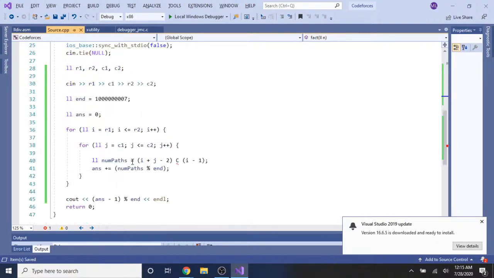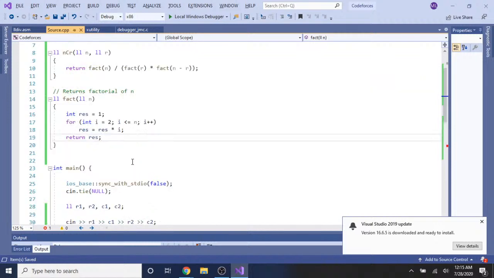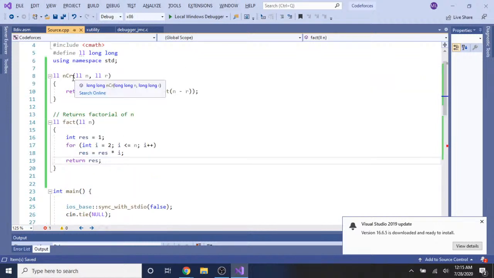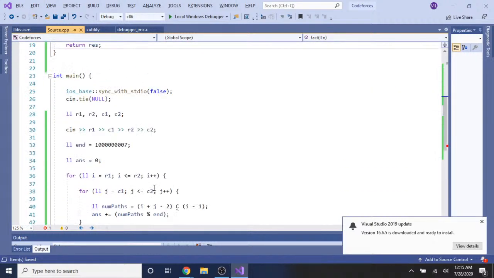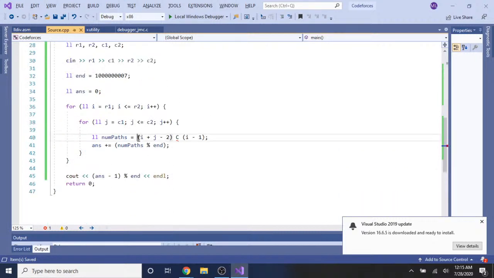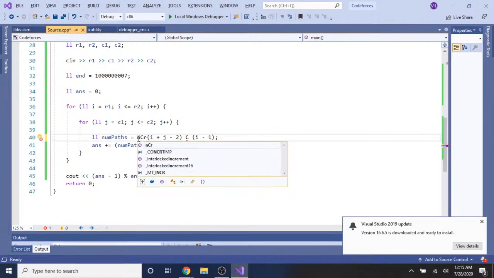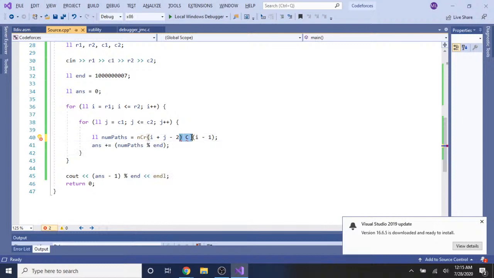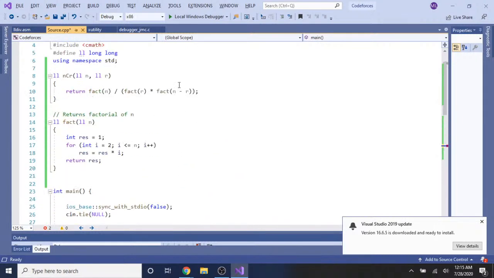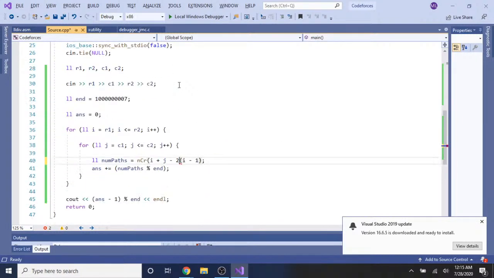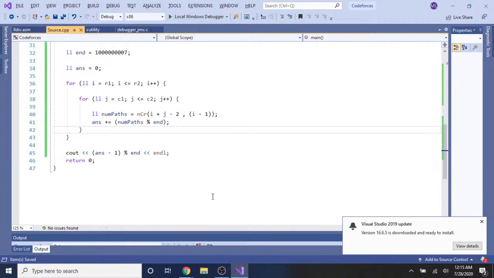Okay, and then we'll do nCr of this. So we'll try this, and then let's see if this works.